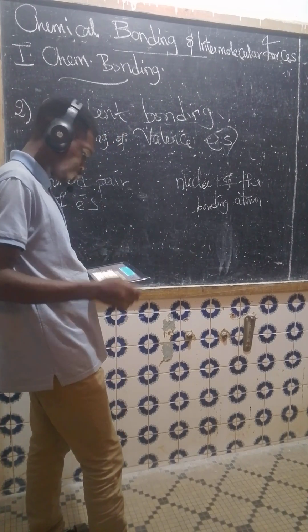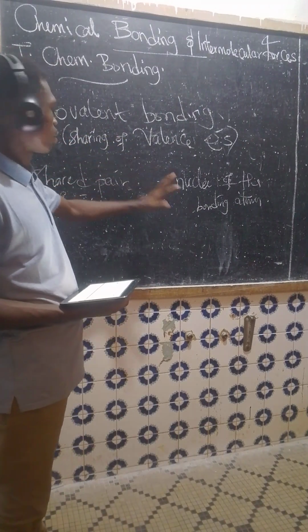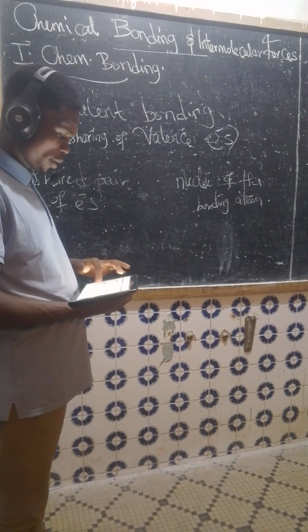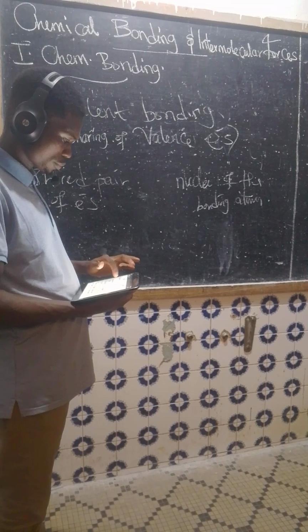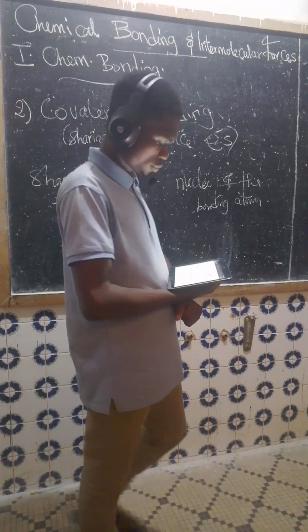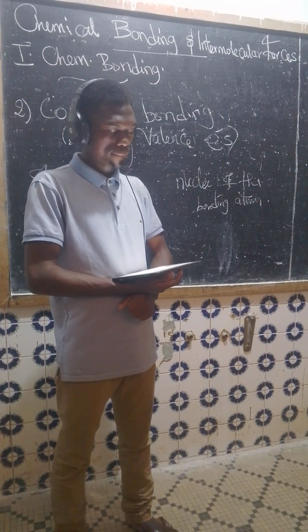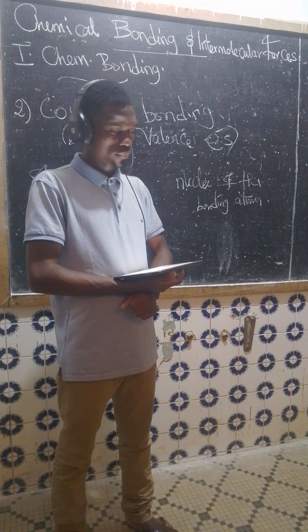Let's talk about a small difference between ionic bonding and covalent bonding. Number 1, what do you think differs between ionic and covalent bond? In covalent bond, both atoms are not giving and losing, the atoms are sharing.